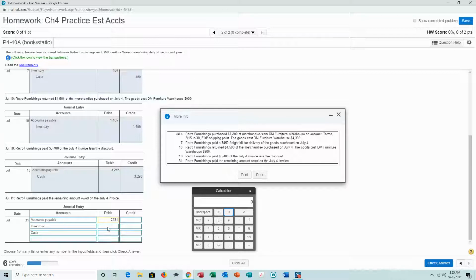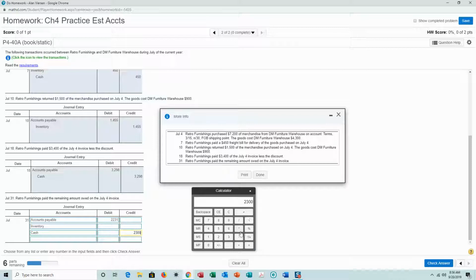Okay, so we have to figure out then, if you don't count in the discount, we're going to have to go in and figure out how much was remaining if there was no discount. So that's going to be $7,200 because that's what it was without the discount. Okay, and then minus $1,500, again, we're calculating without the discount, and then minus $3,400. Okay, that's the amount of cash we're going to pay, $2,300.